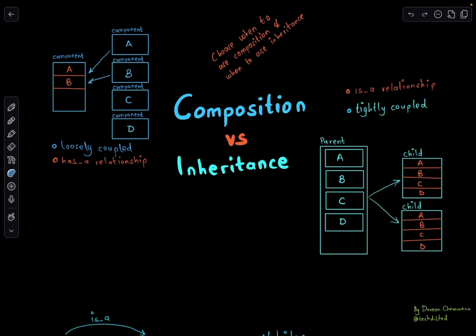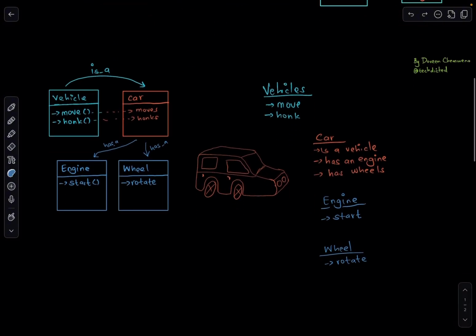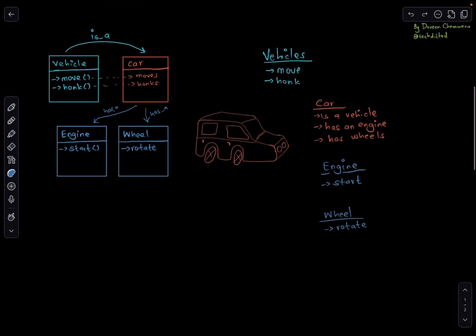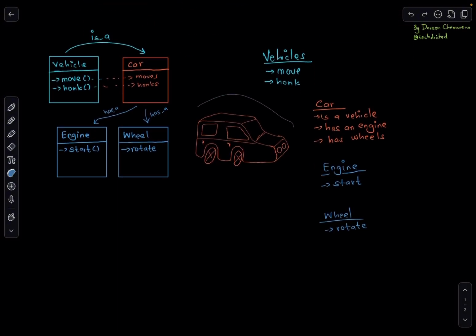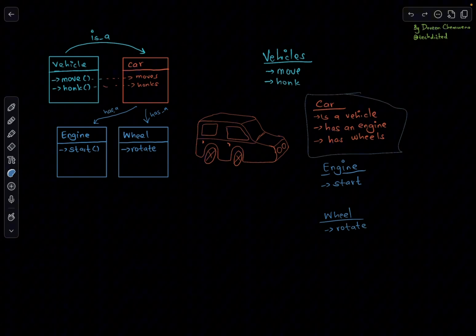So let's look at an example. I have this example here. I'm not an artist, that's why we're doing this. So this is the car I could come up with. Let's talk about a vehicle. A vehicle can move, a vehicle can honk, and a car, I believe, is an example of a vehicle.